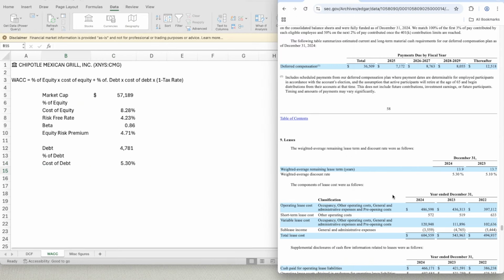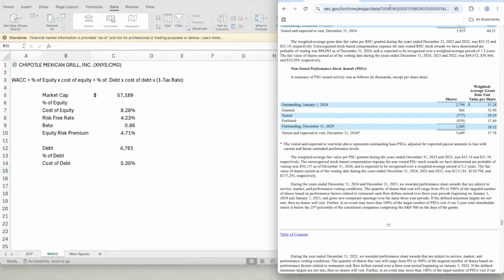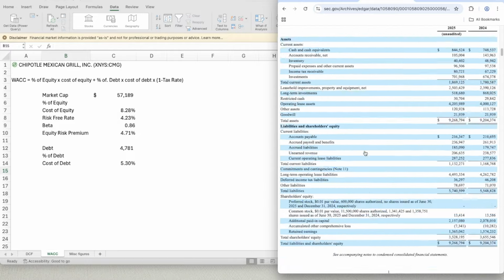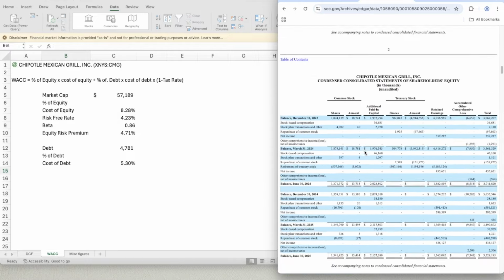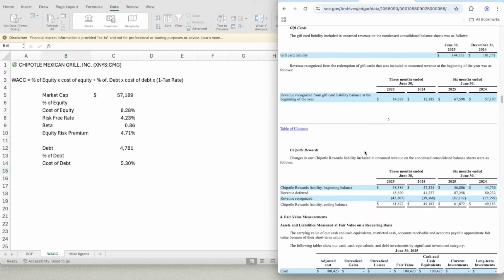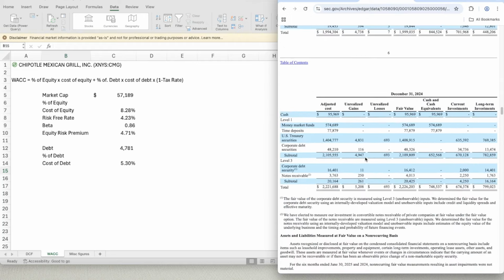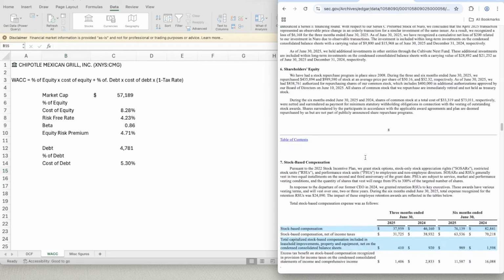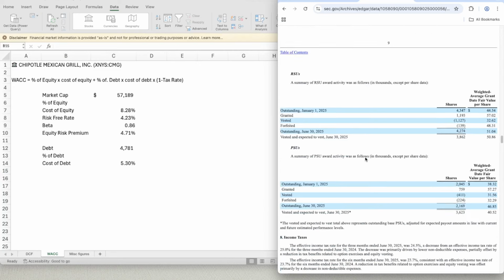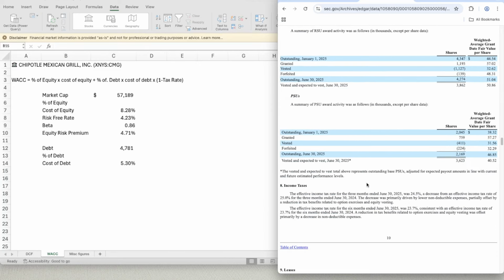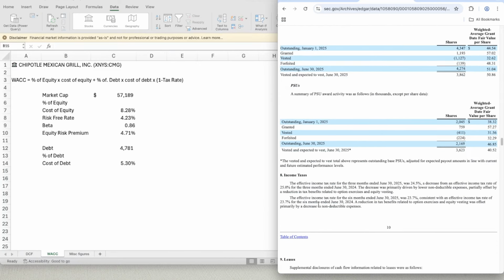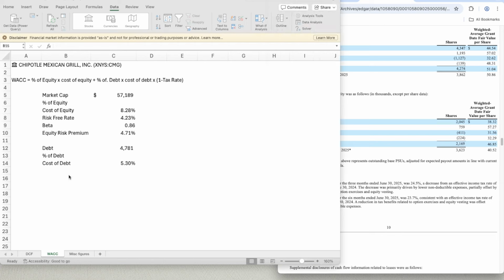And they actually tell us there's an effective income tax rate as well. We can use that on this one. If not, we'll just use 24%. So for the 6 months, well, 23.7.